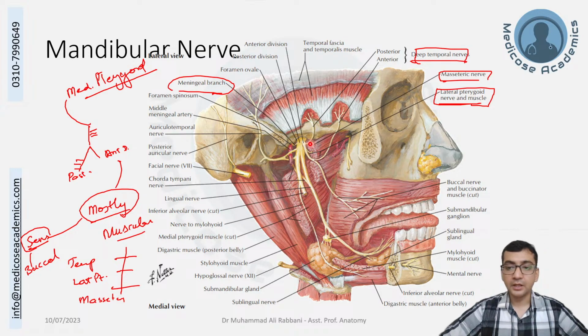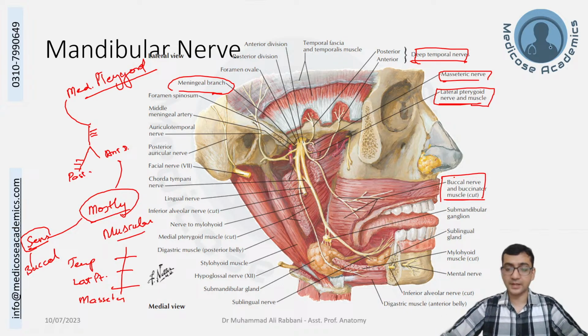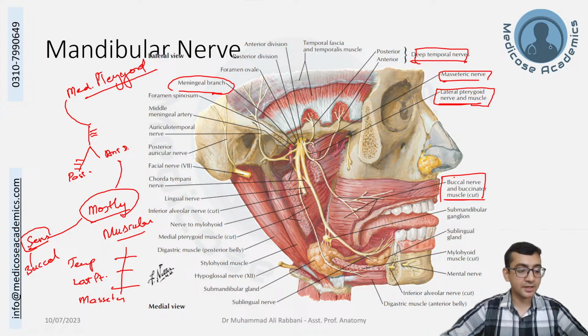Three muscles. Then we are left with the fourth nerve, the sensory nerve, that is the buccal nerve. It will cover the surface of the buccinator, and please don't be confused, it is not the motor nerve supplying the buccinator, it is the sensory nerve supplying the buccinator area.